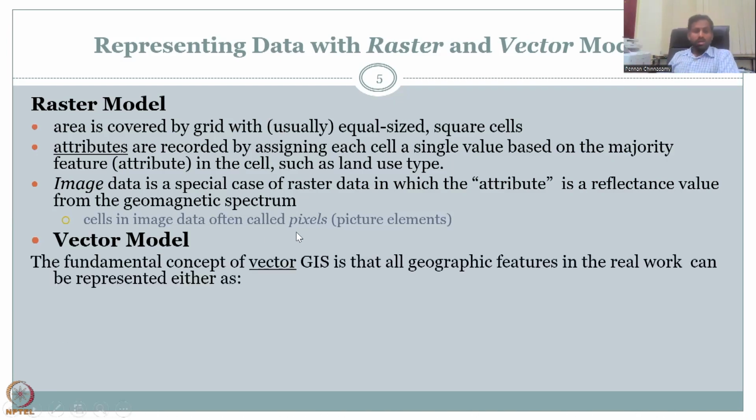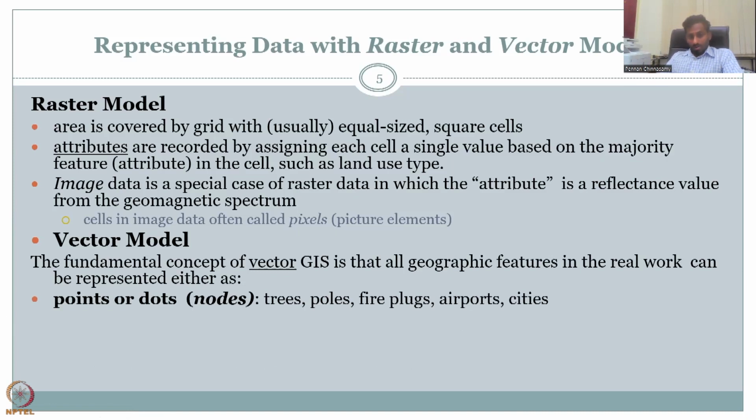In a vector model, the fundamental concept of vector GIS is that all geographic features in the real world can be represented either as points or dots, nodes, trees, poles, fire plugs, airports, cities. Imagine we have points or dots representing trees, poles, features in the vector model.